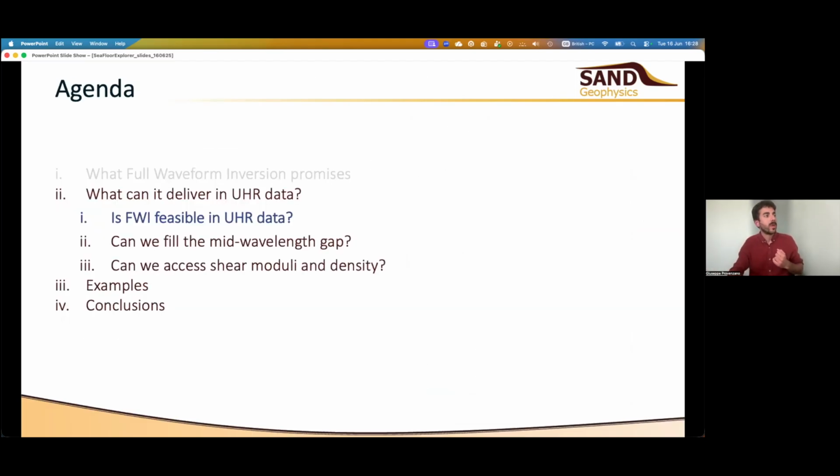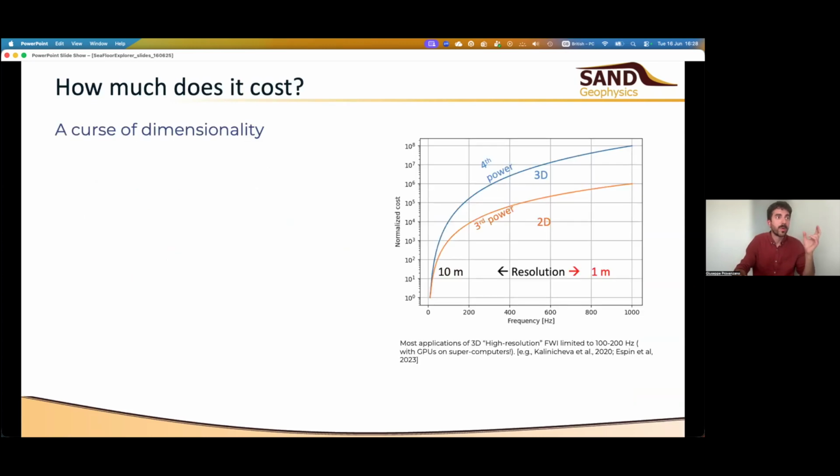So is this feasible on UHR data? In particular, I'm going to do a back of the envelope calculation of how much it would cost to do 3D full waveform inversion if we want a 1 meter resolution using a finite difference scheme.